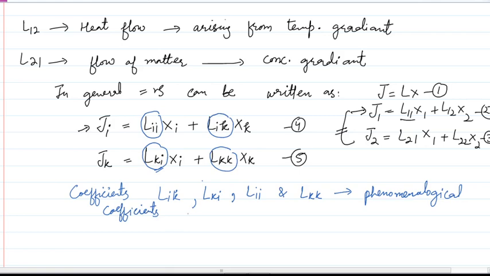But out of these four, Lii and Lkk are called ordinary, or direct, coefficients.